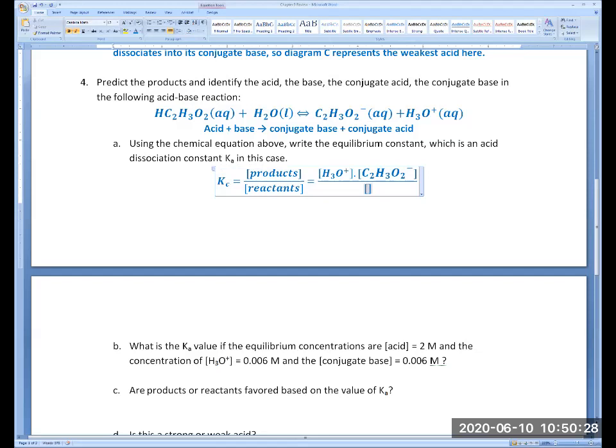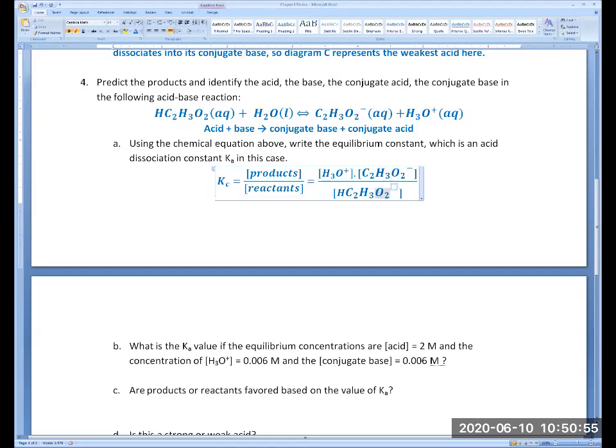Water is a liquid, right? Remember, and I know it's easy to forget, liquids and solids are not included in the equilibrium constant. So it's going to be only HC2H3O2, and that's our acid.